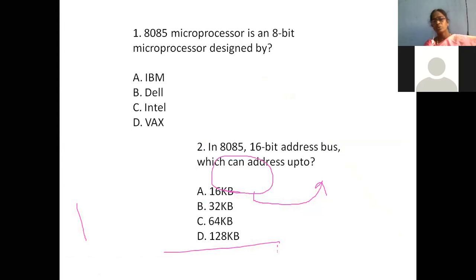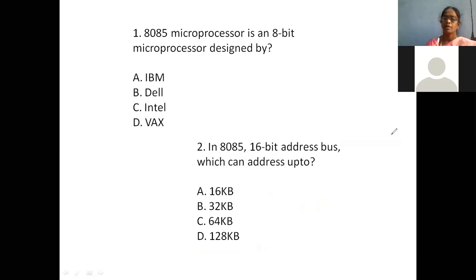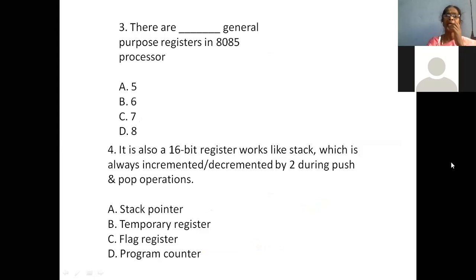Right? So then we'll go for the questions. The microprocessor is an 8-bit microprocessor designed by Intel. In 8085, the 16-bit address bus can address up to 64 kilobytes. And then there are dash general purpose registers.